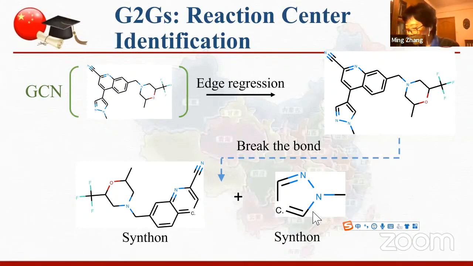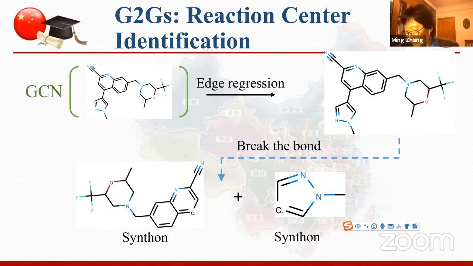For this G2G reaction center identification, to identify the bond with high reactivity, our model first embeds the target molecule into a low dimension space.